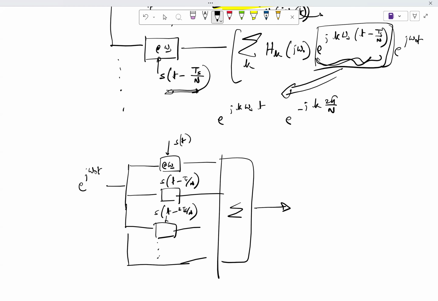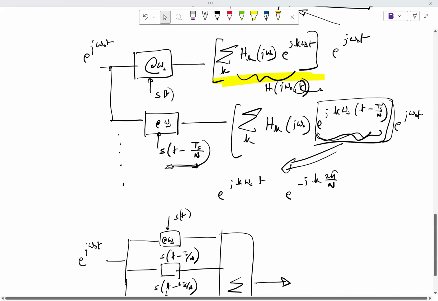I add up at the output. So what would I get? I would get essentially the summation of all these things, but this h_k j omega naught and e to the power j omega naught t will be common.